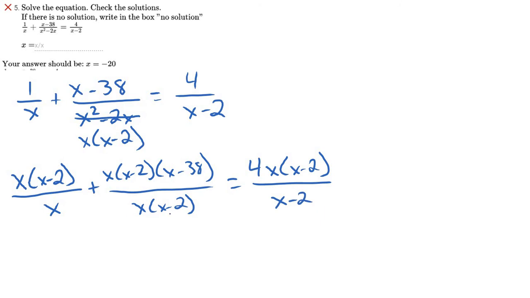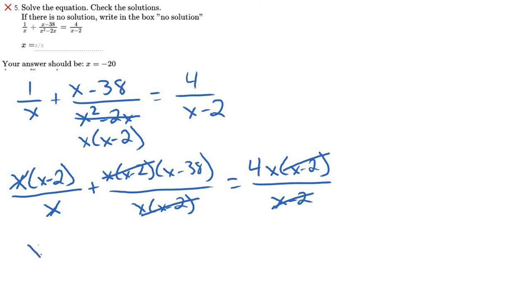Now that looks like a big mess, but look what happens. Let's simplify. x divided by x, that goes away. x times x minus 2, x times x minus 2, that goes away. x minus 2 over x minus 2, that goes away. Let's rewrite and see where we're at.